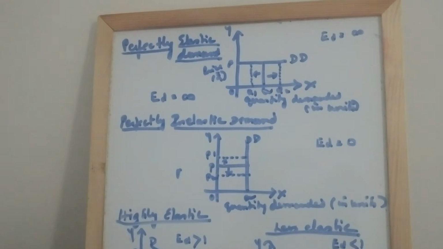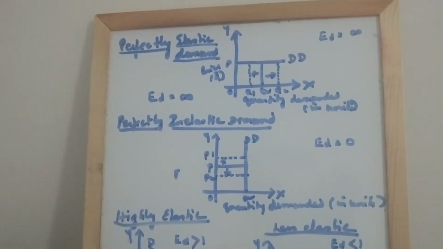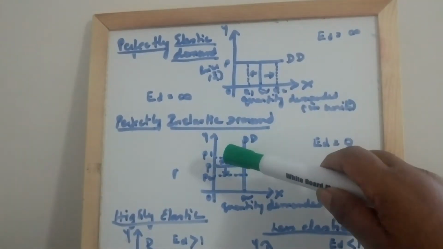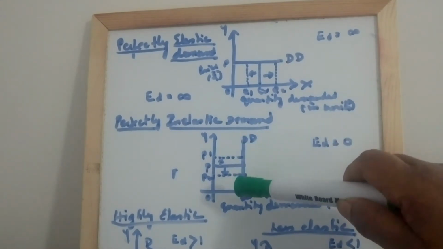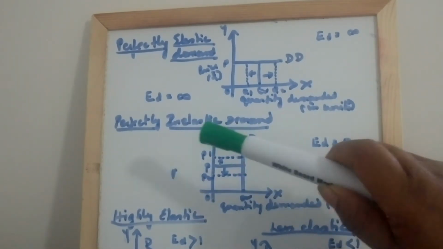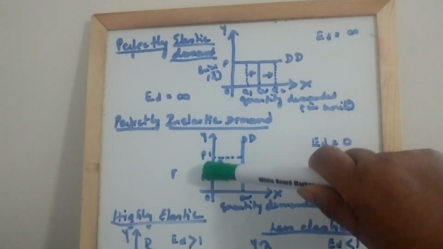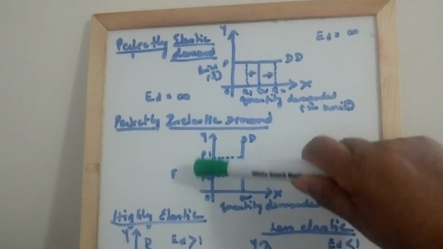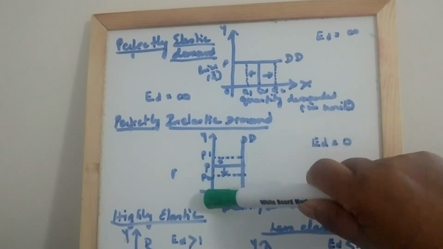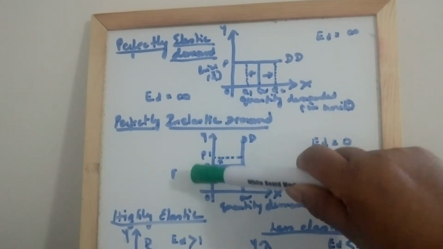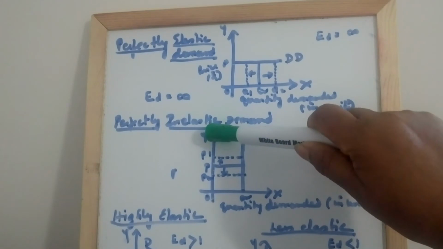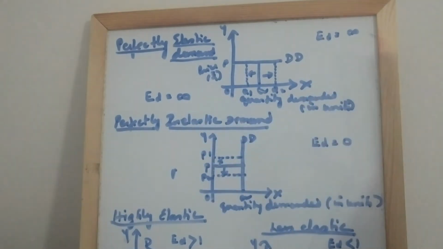Now the next one, perfectly inelastic demand. When there is no change in demand, the demand OQ remains the same, but the price changes from OP to OP1, increasing, and from OP to OP2, decreasing. The demand for the commodity remains the same.